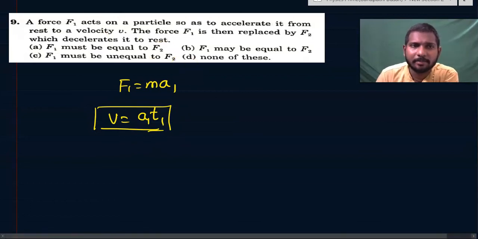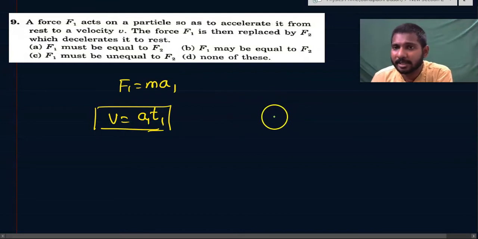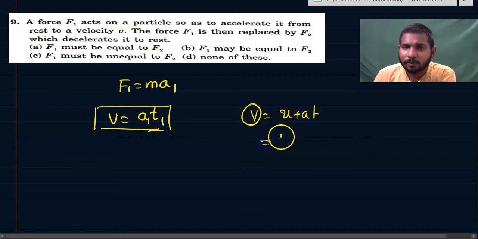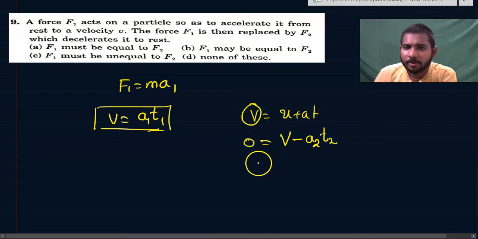Similarly, after that the particle is again going to rest. So v is equal to u plus a t, v is 0, u is actually v here. So v minus a2 t2 is 0, so v is equal to a2 t2.